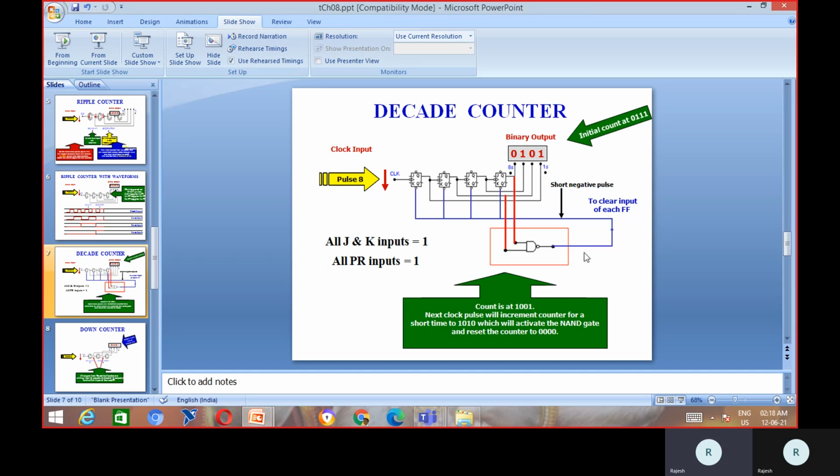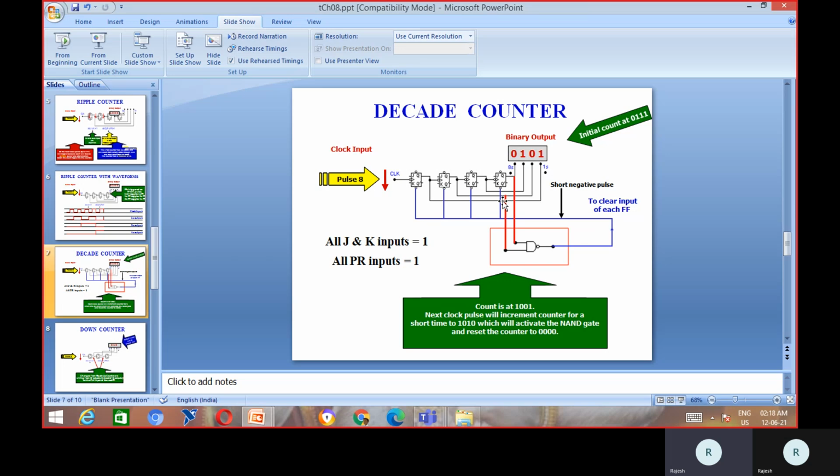And we want to make it a decade counter. So for that, we are connecting the logic with two outputs, as we have shown in the earlier part.